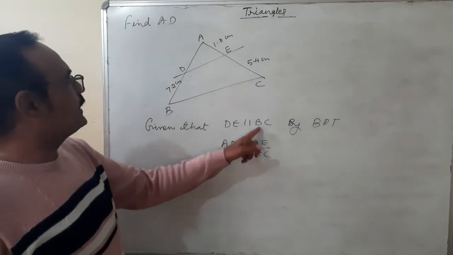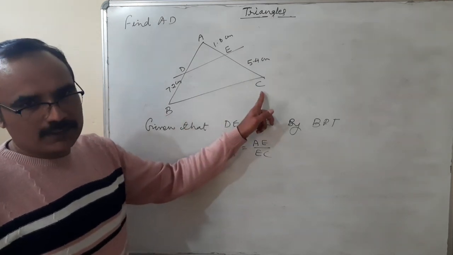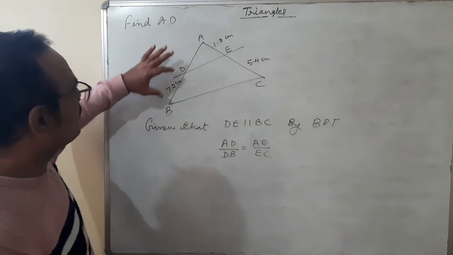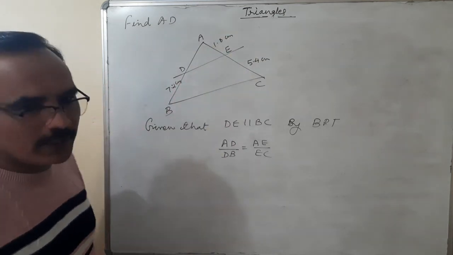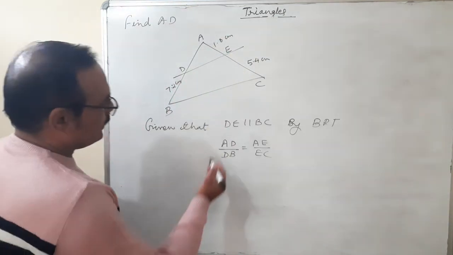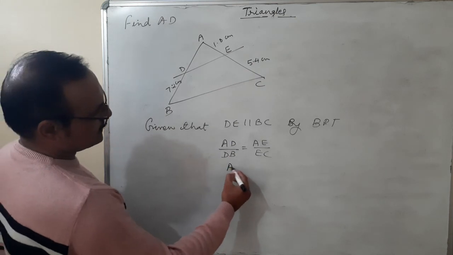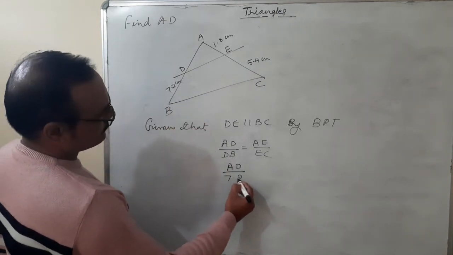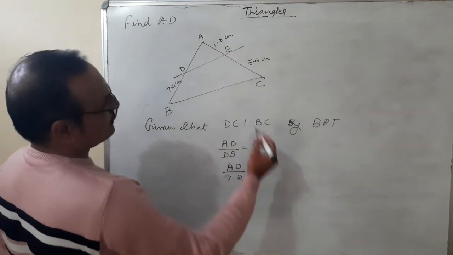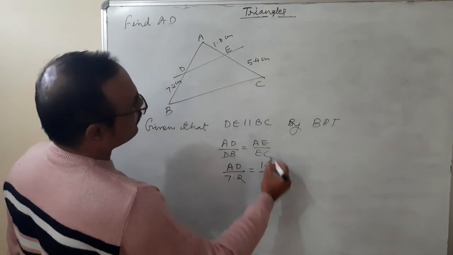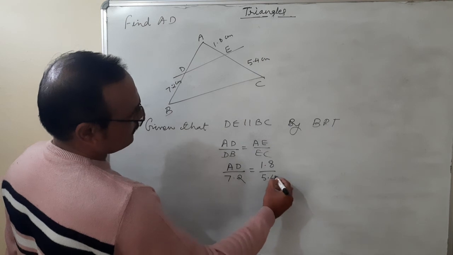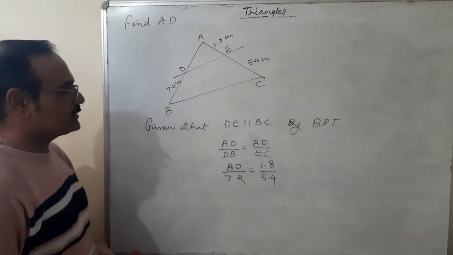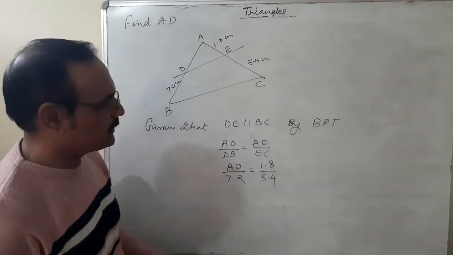Given that DE is parallel to BC, AD upon DB is equal to AE upon EC. Now we'll substitute the values: AD remains as it is, upon DB 7.2, is equal to AE 1.8 upon EC 5.4. Out of these four, only AD is unknown.